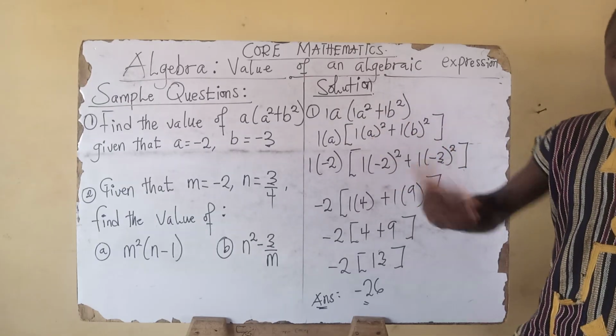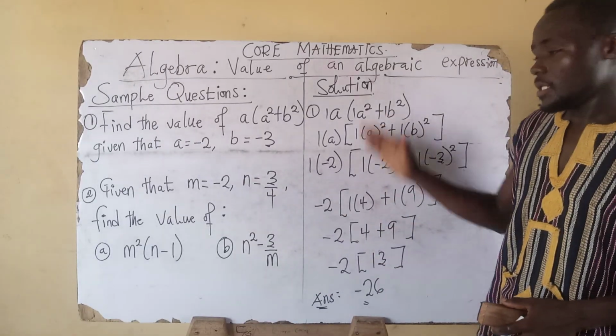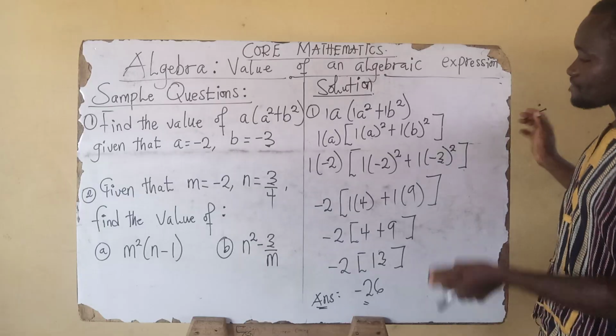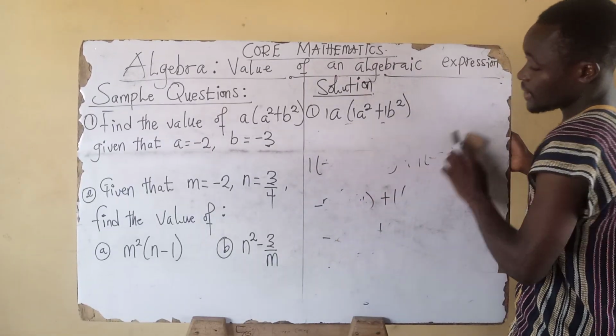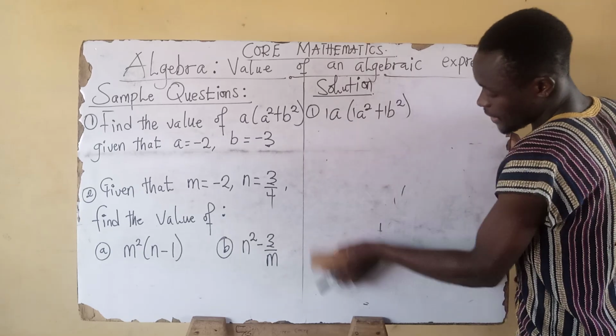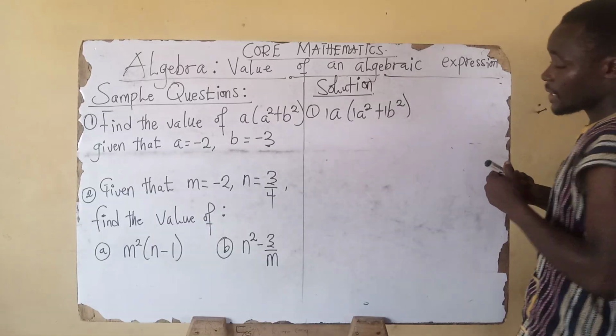So let's look at the alternative way. But I believe you understand this concept. Okay, let's look at the alternative way. The same question, looking at how to solve it alternatively. So an alternative process.